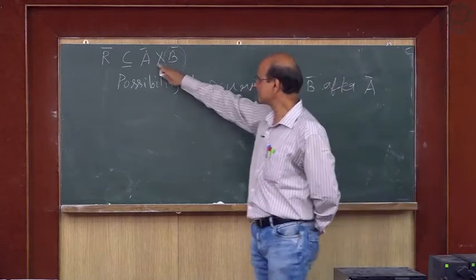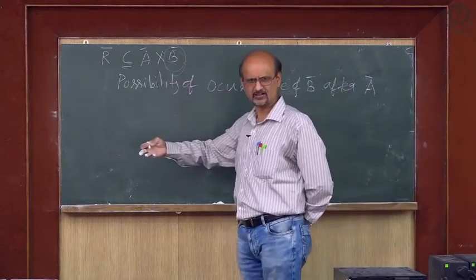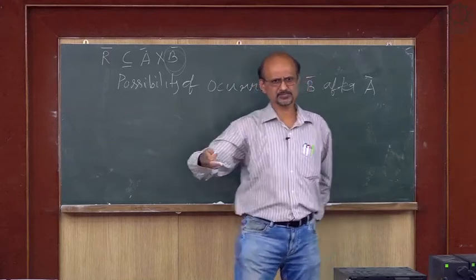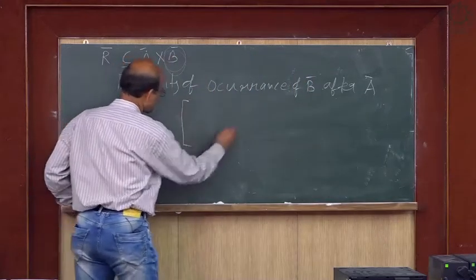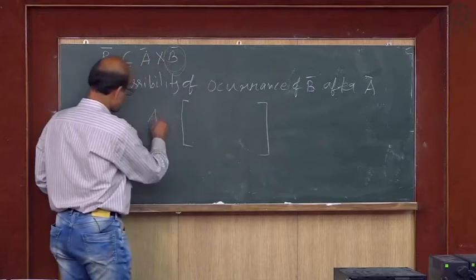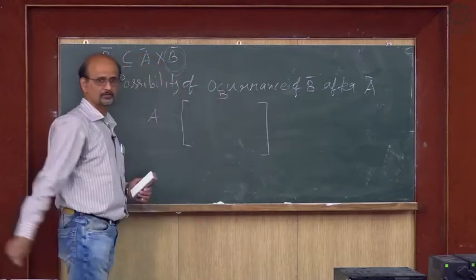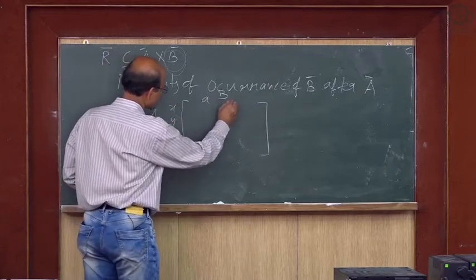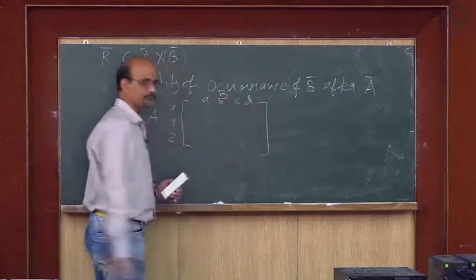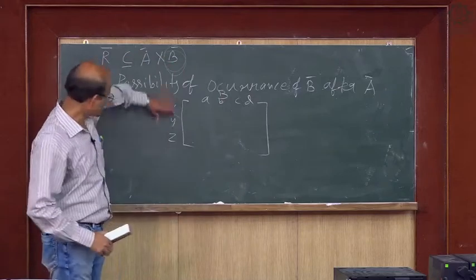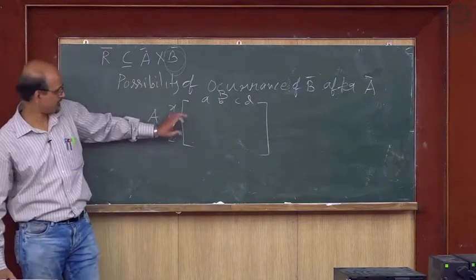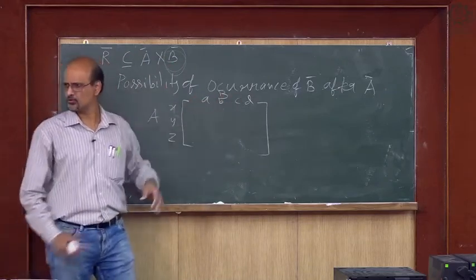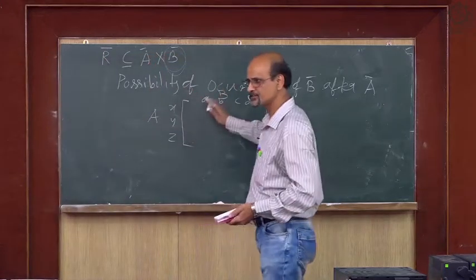So, now we have a relation matrix A cross B. Suppose I have a matrix like this, this side A, this is B. I have A values as x, y, z, and suppose this I have A, B, C, D. I have this fuzzy set having x, y, z, A, B, C, D, then you know how to find that minimization and so on.